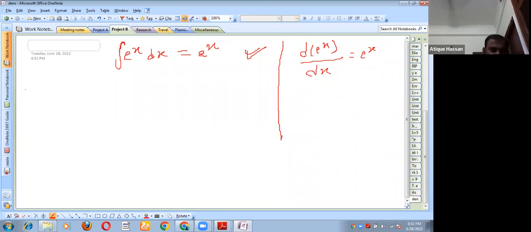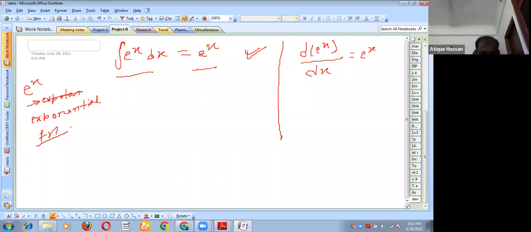What is e to the power x? It is the exponential function. So integration of e to the power x dx remains e to the power x. Did you get it up to this point?